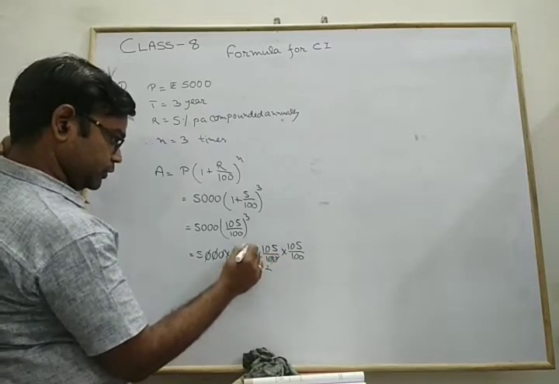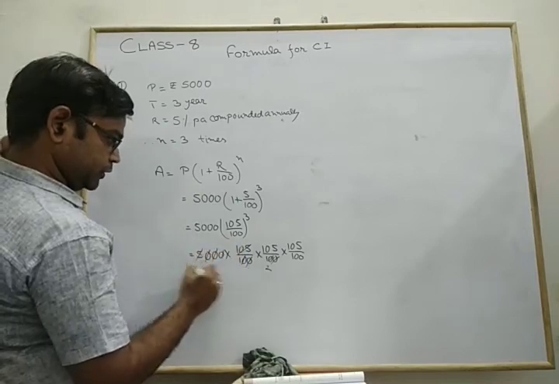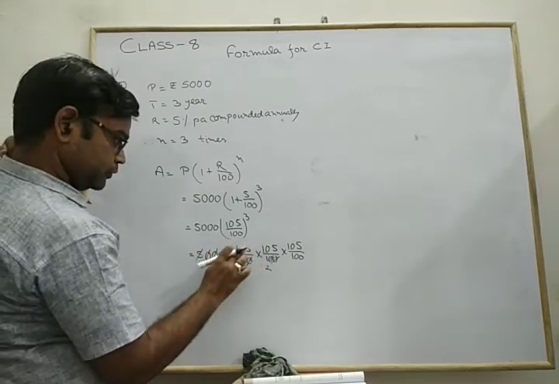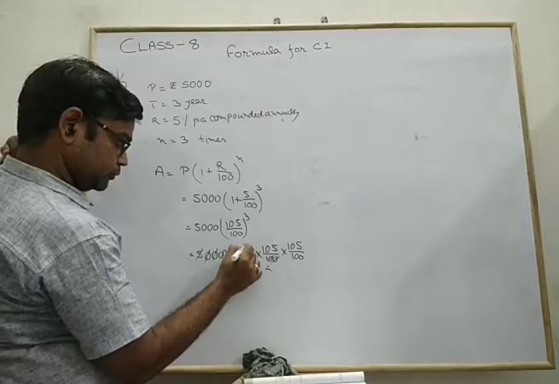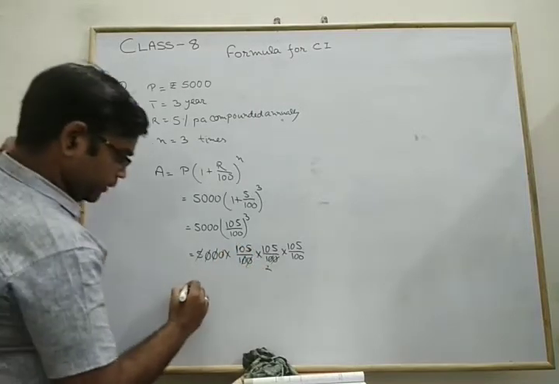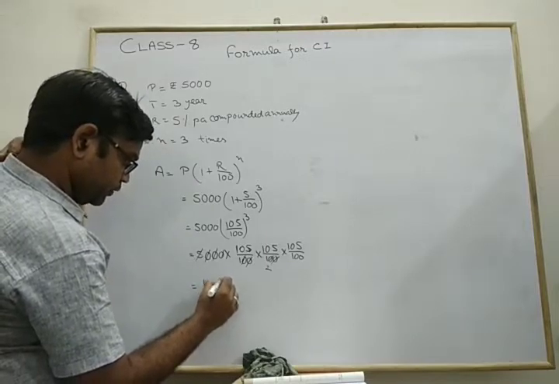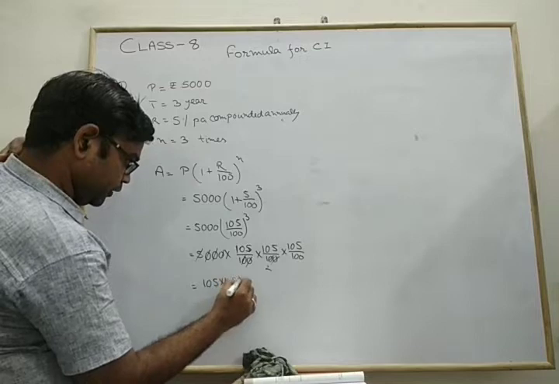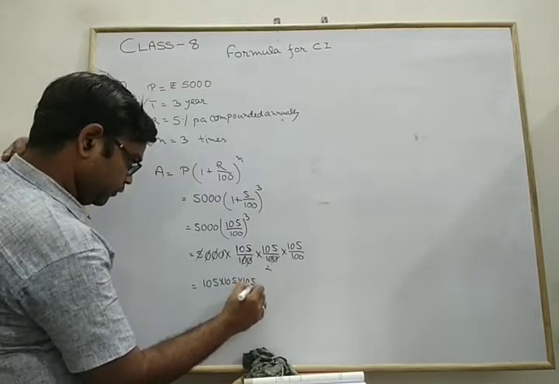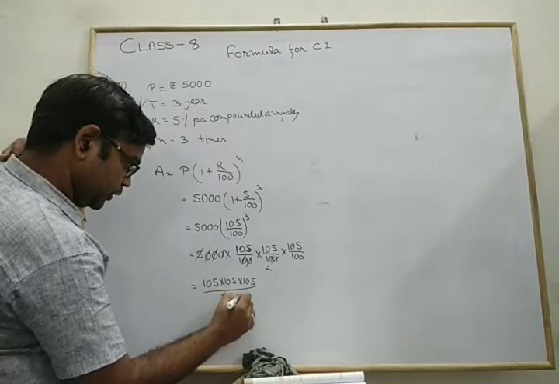5 2s are, sorry, 5 2s are, 5 1s are 105. What do we have? We have 105 into 105 into 105 upon 2 into 100.